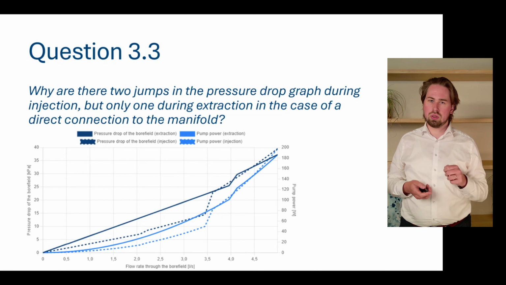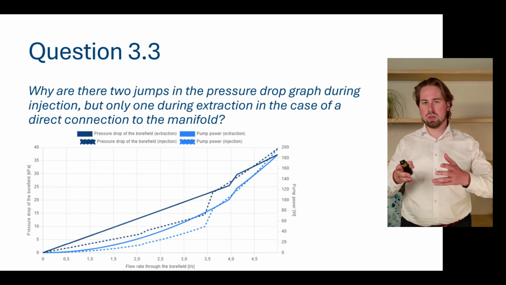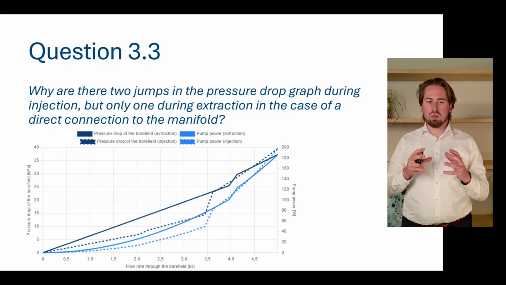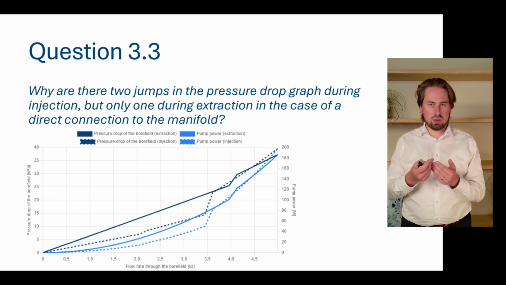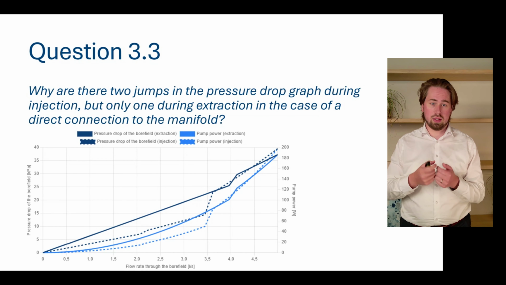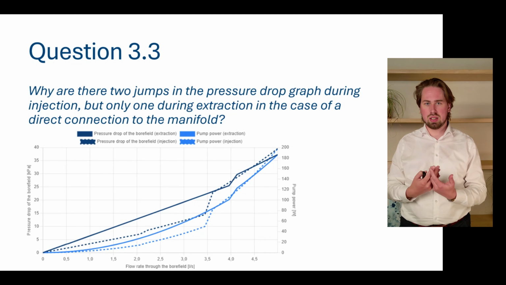And this again has to do with the temperature, and the temperature changes the Reynolds number and when we transition from laminar to turbulence. And what you see here is that at 2 liters per second, we transition from laminar to turbulence in the hydraulic pipe, in the lateral connections, when we're injecting heat.